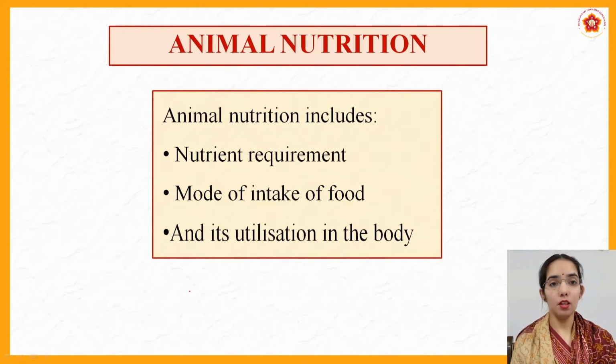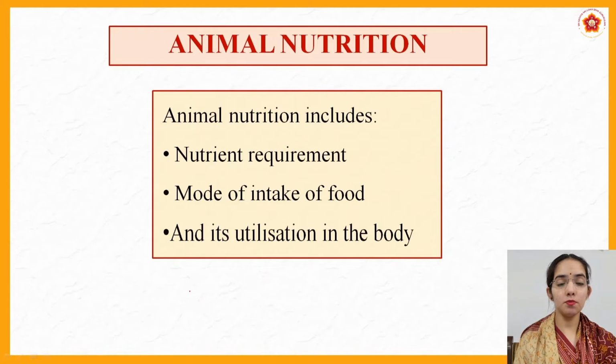For example, a human baby can fulfill all its nutrient requirement by having mother's milk. But we adults cannot sustain ourselves by just drinking milk. We need to take other food items also. So nutrient requirements differ in different organisms, and they also differ in different stages of life.